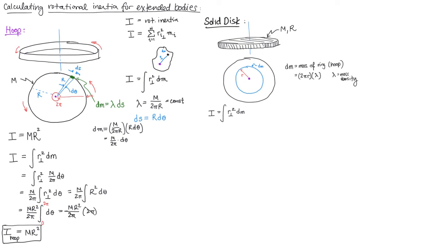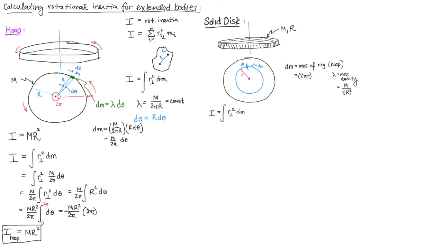Of the ring. What is the mass density of the ring? Well, it's the total mass divided by the total area. Okay. And we actually have to make a little bit of a change here. And we'll say that this little hoop has an infinitesimally thin, infinitesimally small width.